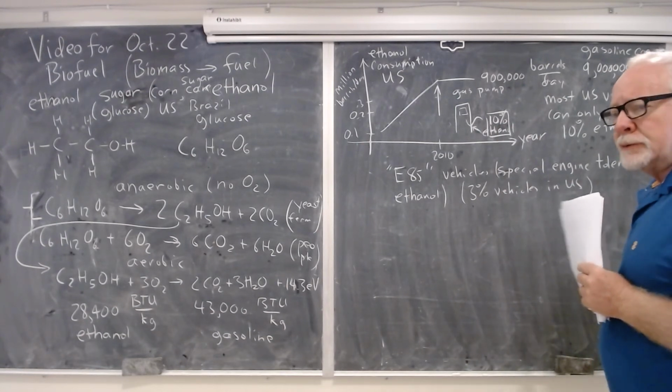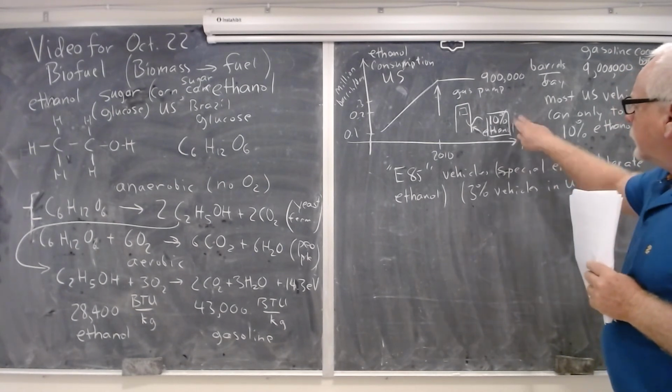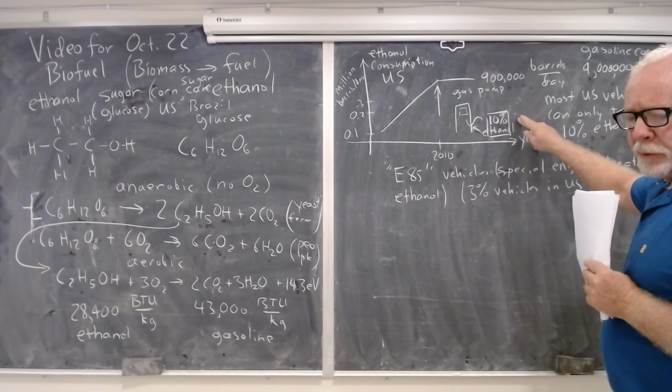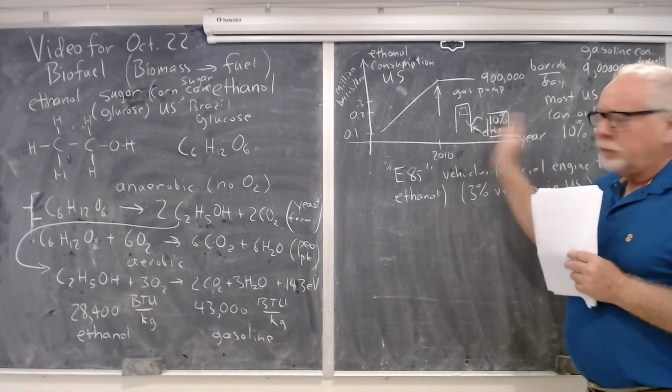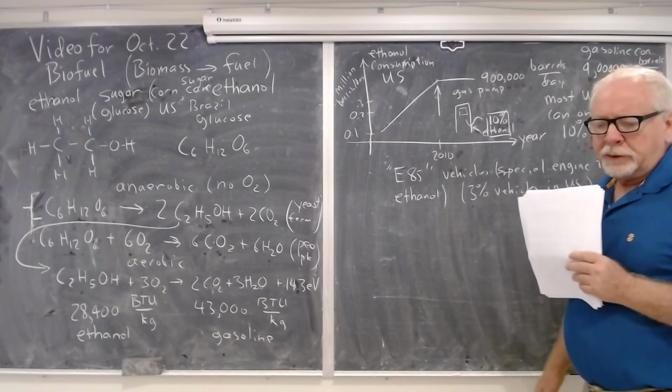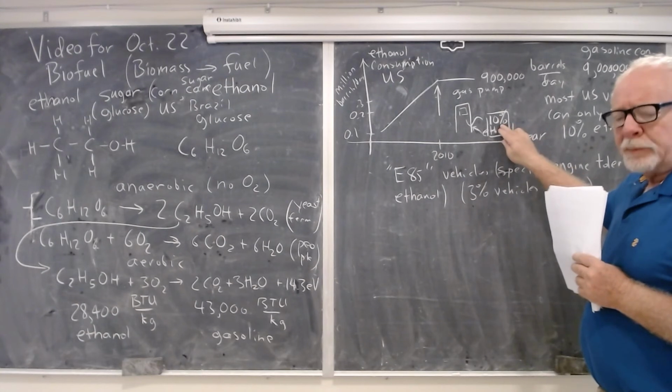Very new vehicles of the last few years, I believe, are designed to tolerate about 15%. The problem is that vehicles older than 2010, or even 2015, can't tolerate any more than 10%.